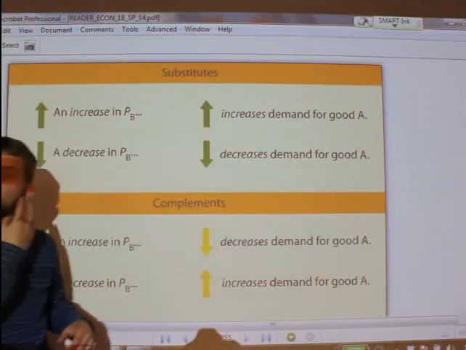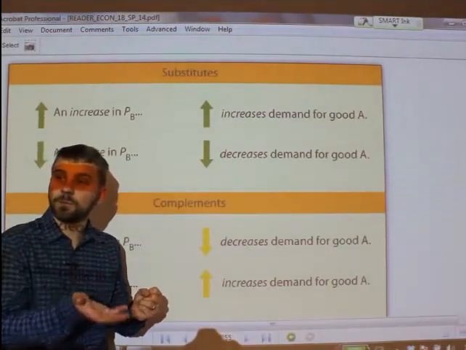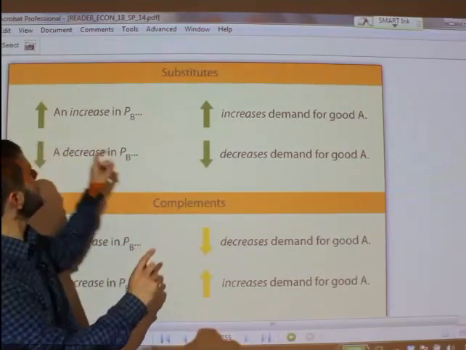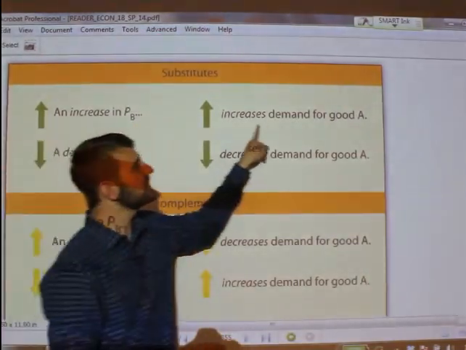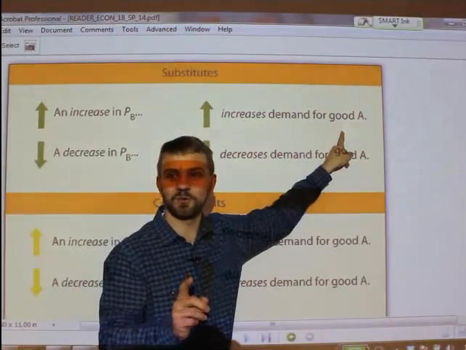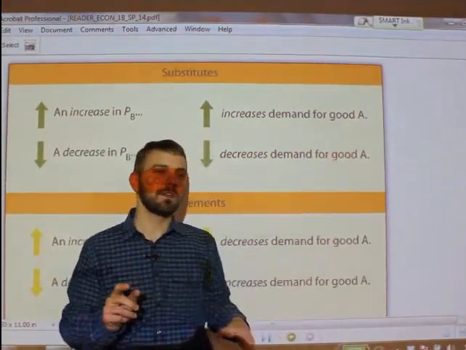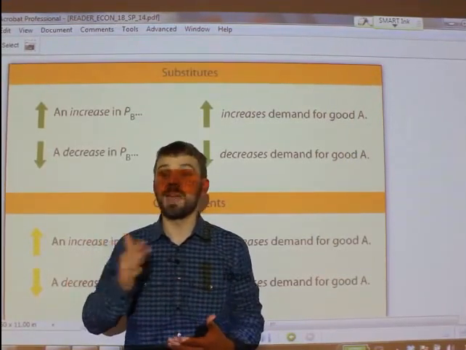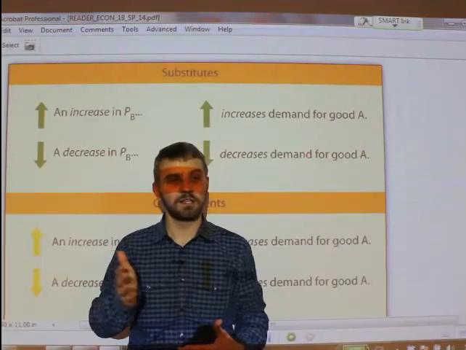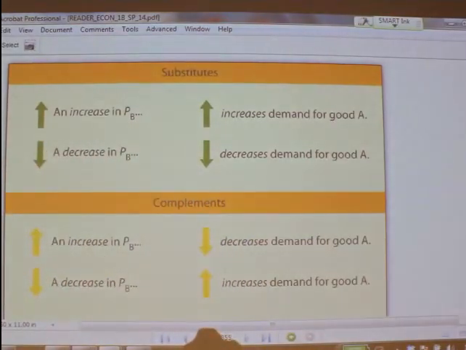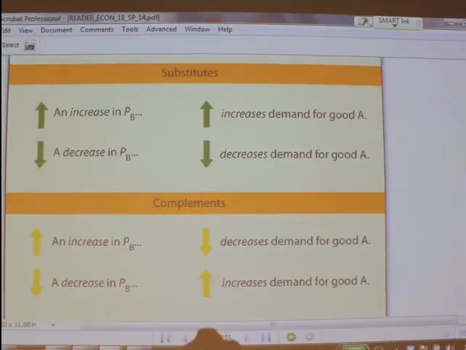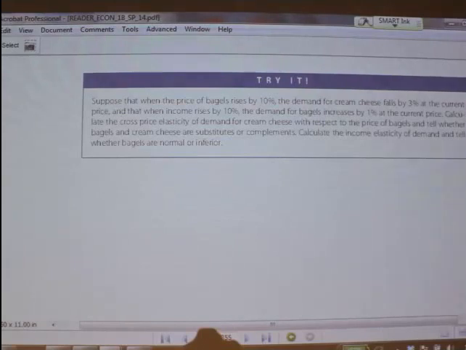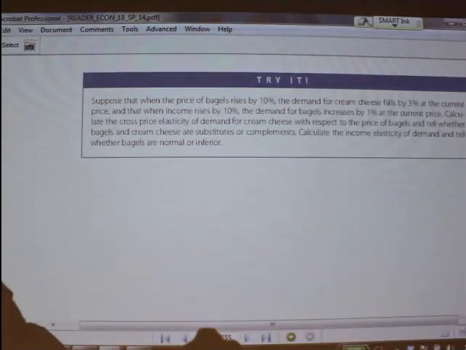So notice, before with price elasticity of demand, we had an increase in the price leading to a decrease in quantity demanded. Here, we have an increase in the price leading to a change in the demand, not quantity demanded, right? Because an increase in the price of a complement or substitute is a demand shifter, right? So anyway, that's really all there is in this section about complements and substitutes and cross-price elasticity of demand and income elasticity of demand.